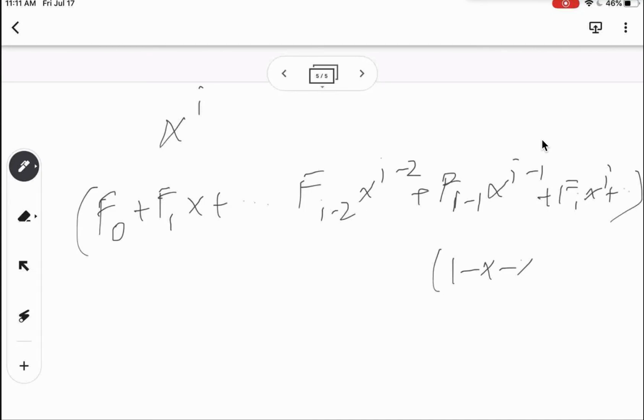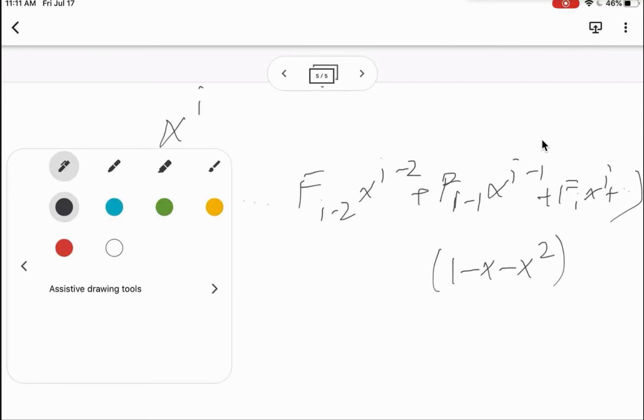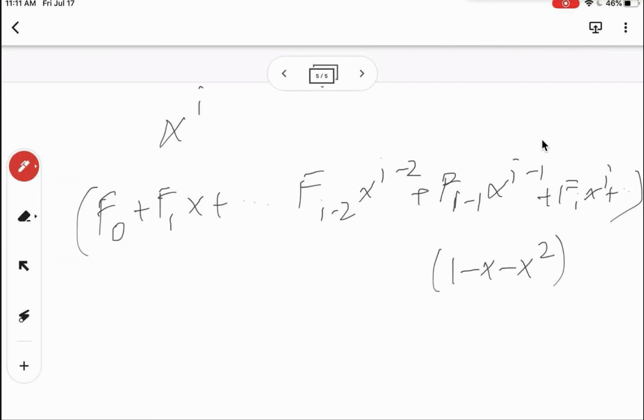So the x to the i term would be 1 times f of i x to the i, so we get f of i here. If we multiply negative x to this term, we get minus f of i minus 1. And negative x squared to this term, we get minus f of i minus 2, which equals 0.